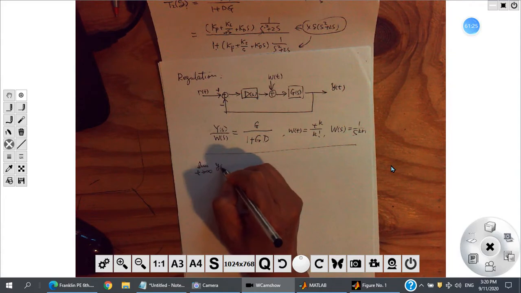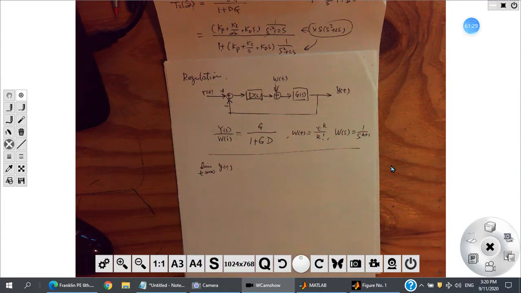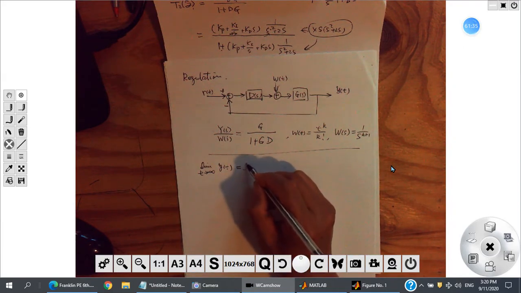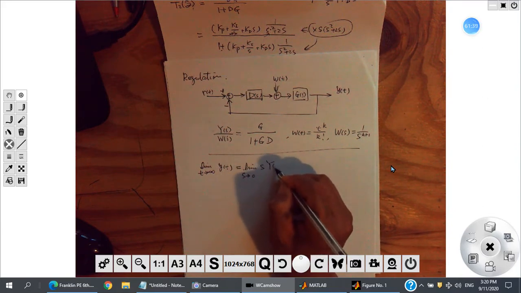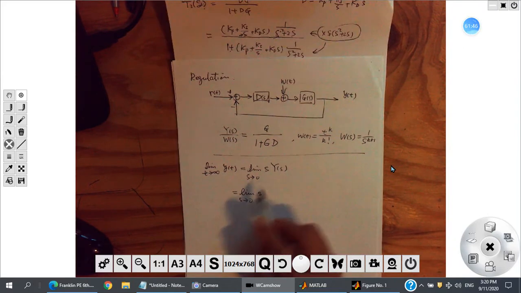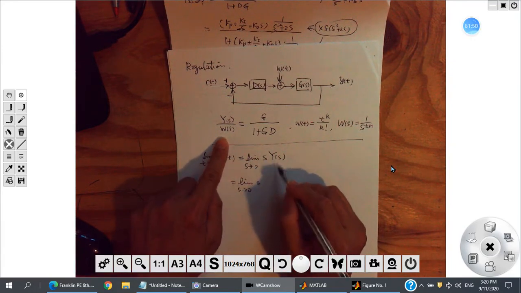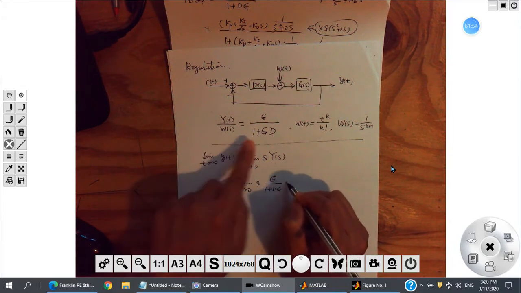What is Y of T? We want to check whether this is 0 or not, or even infinite. Alright, this is a limit. Now S tends to 0, S times Y of S. And what is capital Y of S? I copy it. Capital Y of S is G over 1 plus DG times W, right?